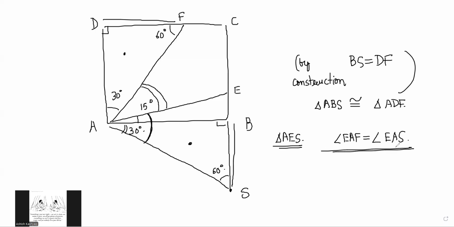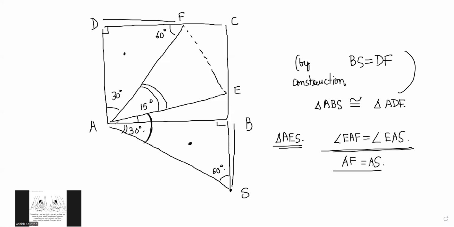Fine. Now, we also know that AF length is equal to AS, because of the congruency, right? Yes, sir. So AF is equal to AS, and basically we are getting a SAS congruency in the triangle.